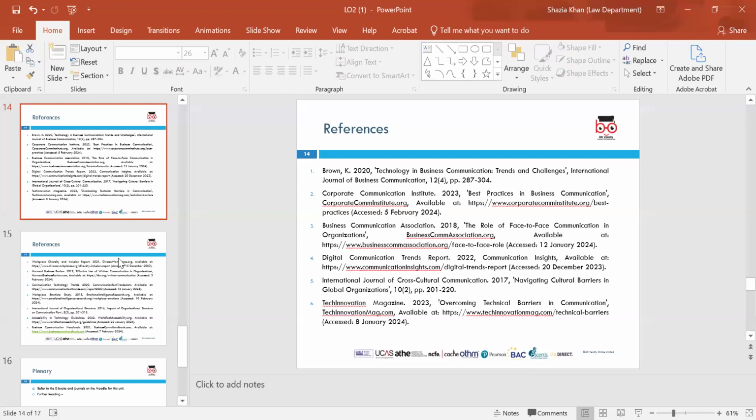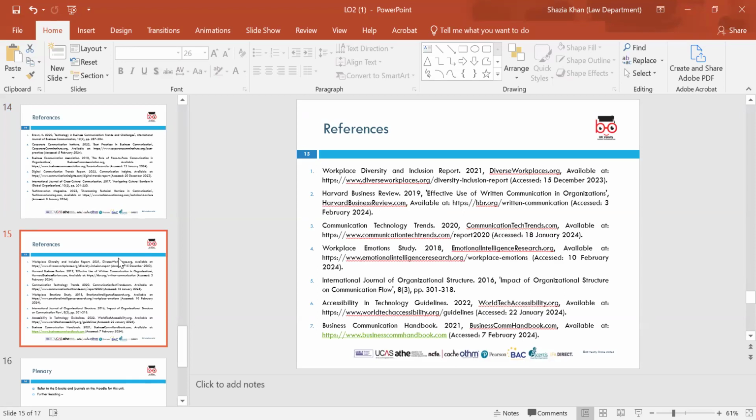resources for them. We've also used Workplace Diversity and Inclusion Report 2021, and also Harvard Business Review 2019, which looked at effective use of written communication in organizations. Communication Technology Trends 2020. Workplace Emotion Studies 2018.